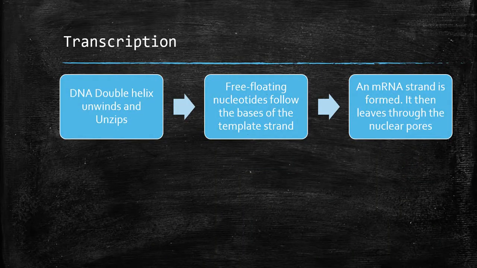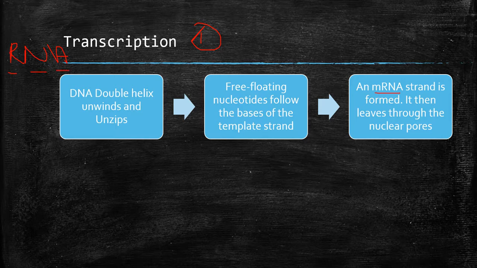Now transcription is the first step. It's kind of similar to DNA replication, but the difference is that the strand that we are forming is not a new DNA strand, but an mRNA strand. If you remember what RNA is, RNA stands for ribonucleic acid.